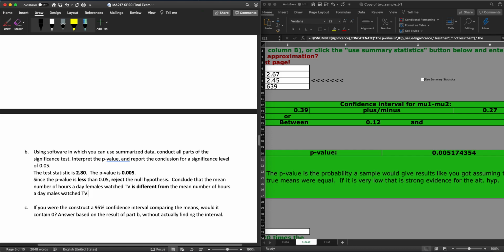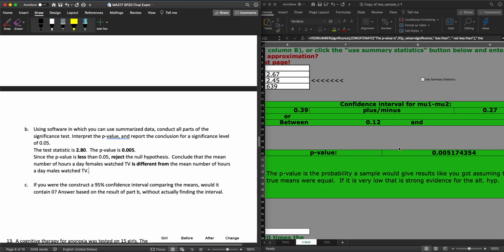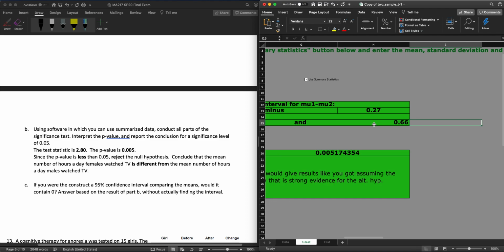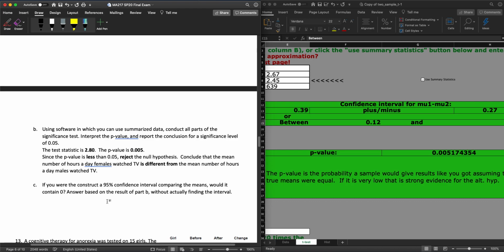And then if you were to construct a 95% confidence interval comparing the means, would it contain 0? And we want to answer based upon the results that we just found in part B, without actually finding that interval. Mind you, we could see that interval in here of 0.12 to 0.66, which does not contain 0. But that's besides the point.